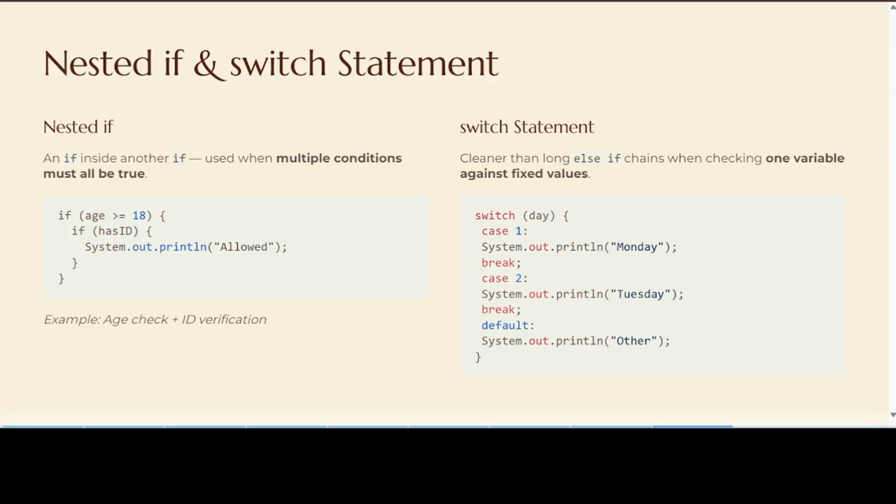For example, first you check the age, then you check whether the person has an ID card, and then you print allowed. If both conditions are true, access is granted.